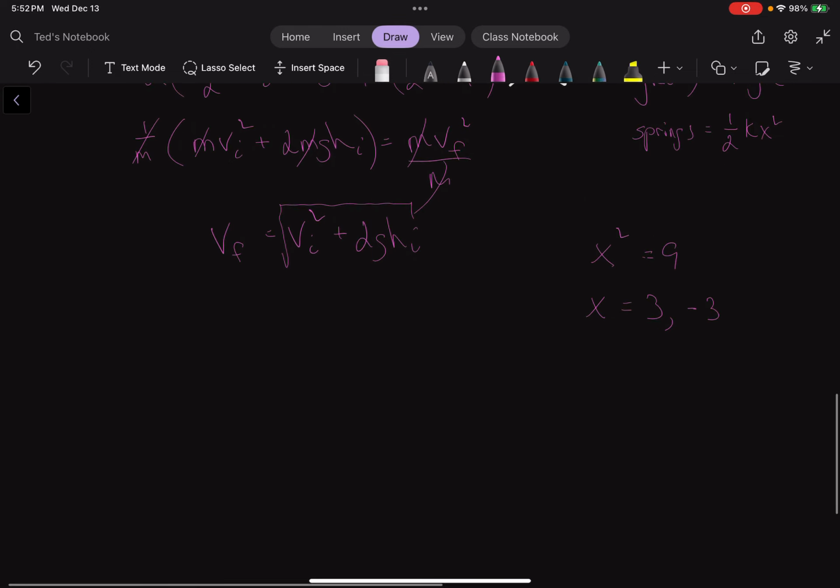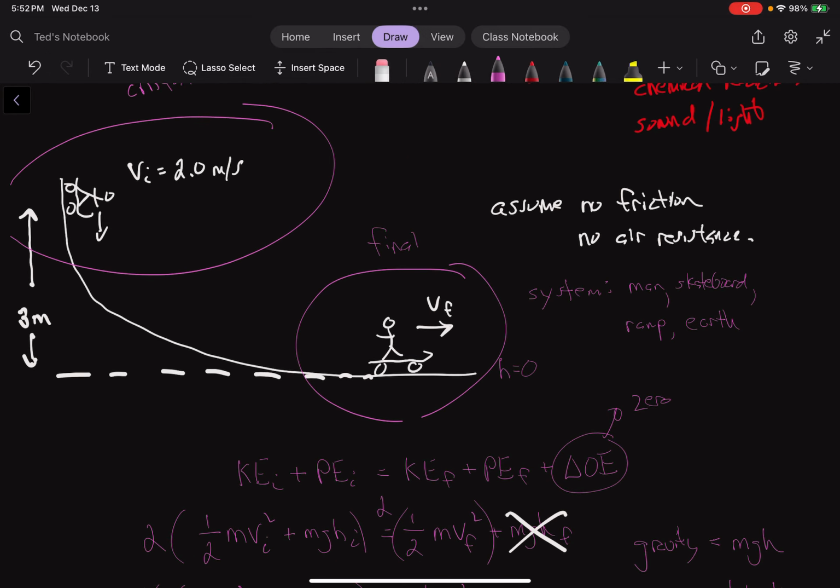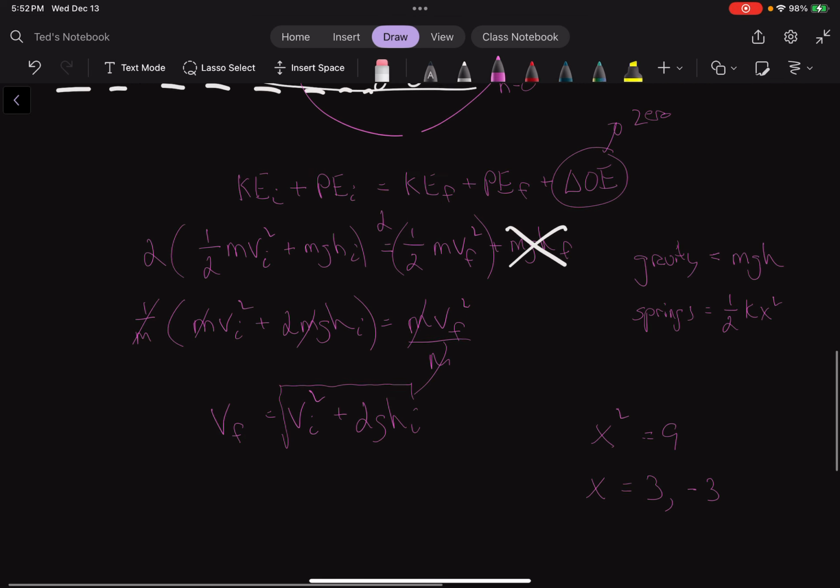Okay, so finally I'm ready to plug numbers into my equation. So my v final is equal to the square root of 2 squared plus 2 times 9.81 times 3 meters. H initial was 3 meters. G is 9.81.